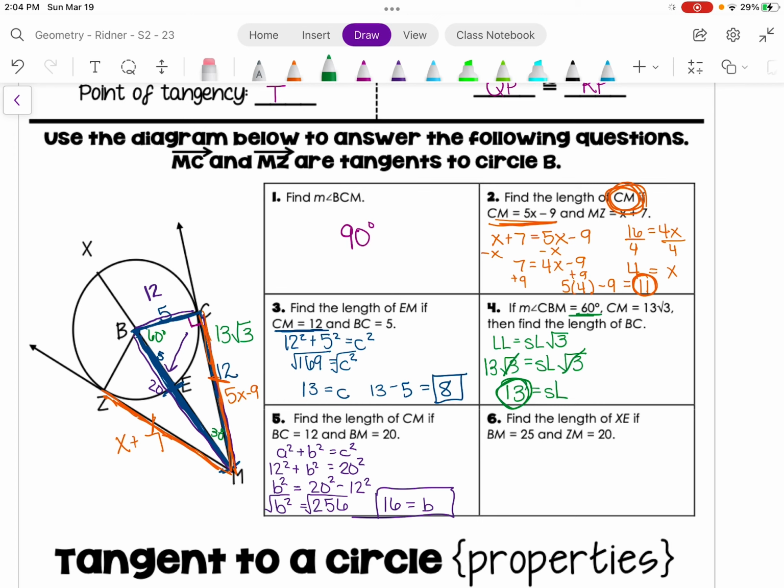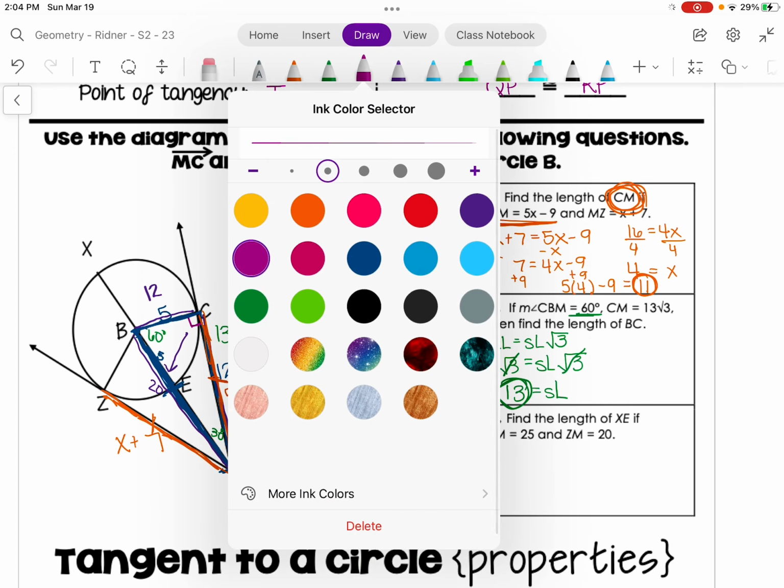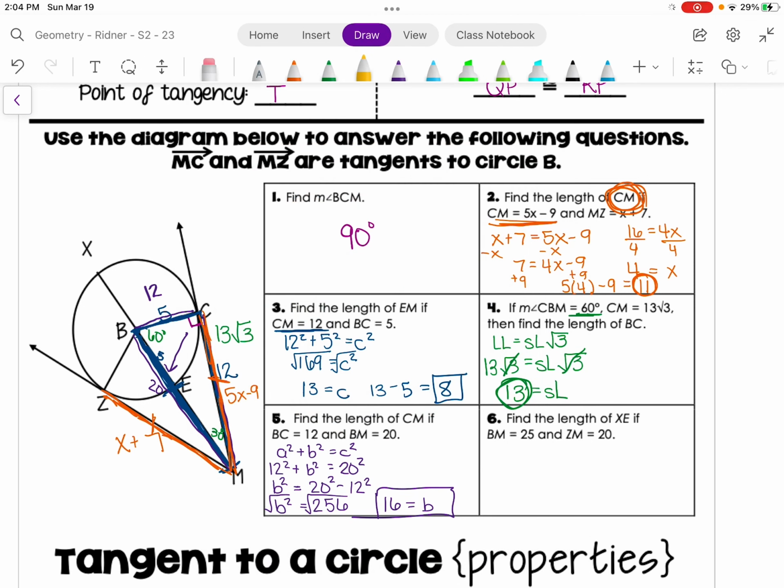That was 8-1, part 2. All right, and last but not least, find the length of XE if BM is 25 and ZM is 20. So again, we have a squared plus b squared equals c squared.